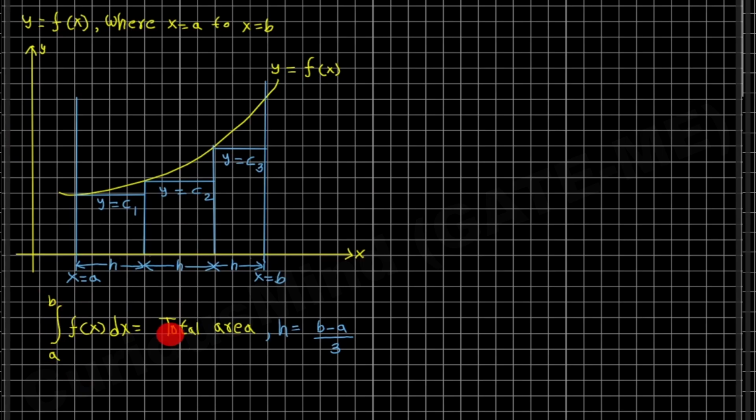But in case of approximated total area, by replacing or approximating this actual curve with the assumed curve, which in this case are the horizontal lines, the resultant areas are the areas of the rectangles, and their sum would result in the approximate total area, and that would be equal to the approximate value of the definite integral from a to b.